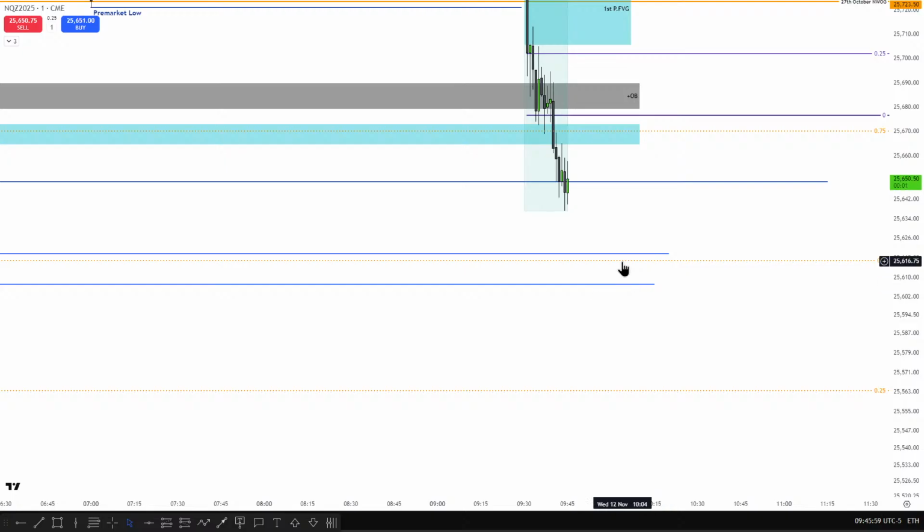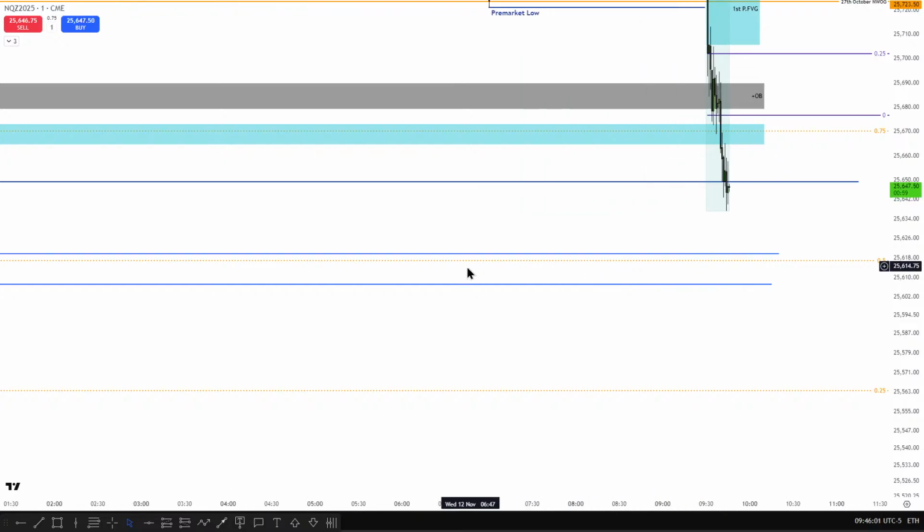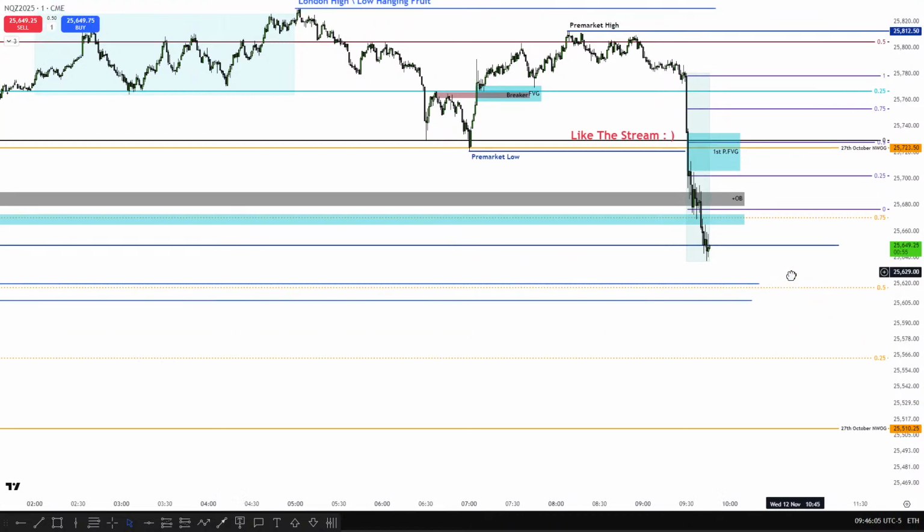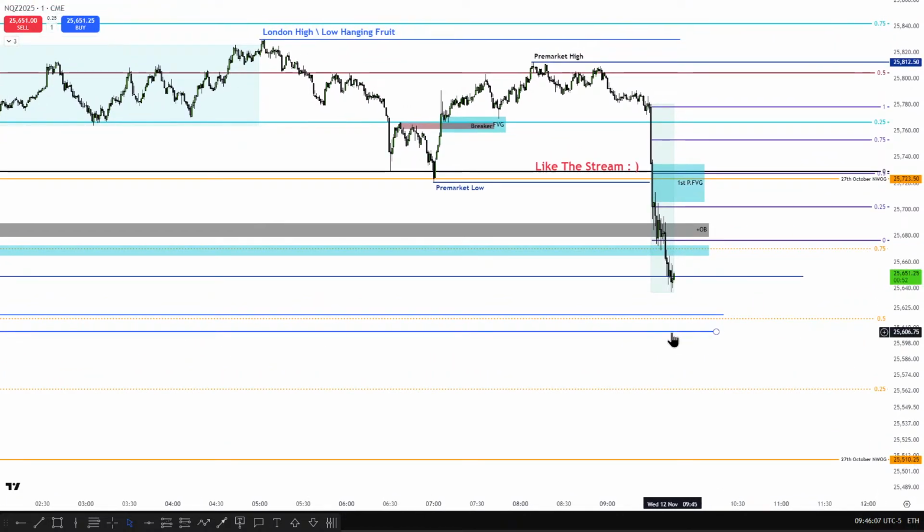That low's aligned very closely with the consequent encroachment of the 27th October's new week opening gap. So if we can break this and then see a pattern revert, that'll be good.